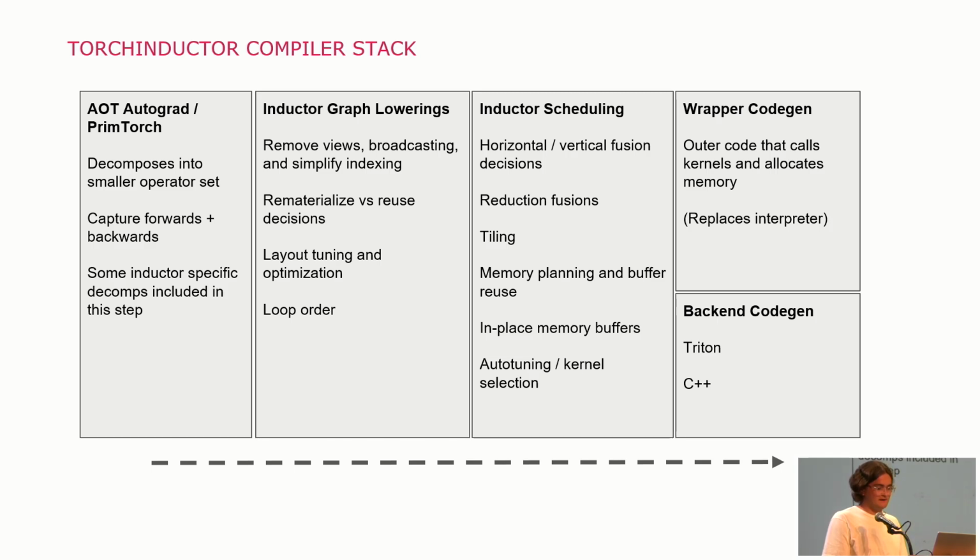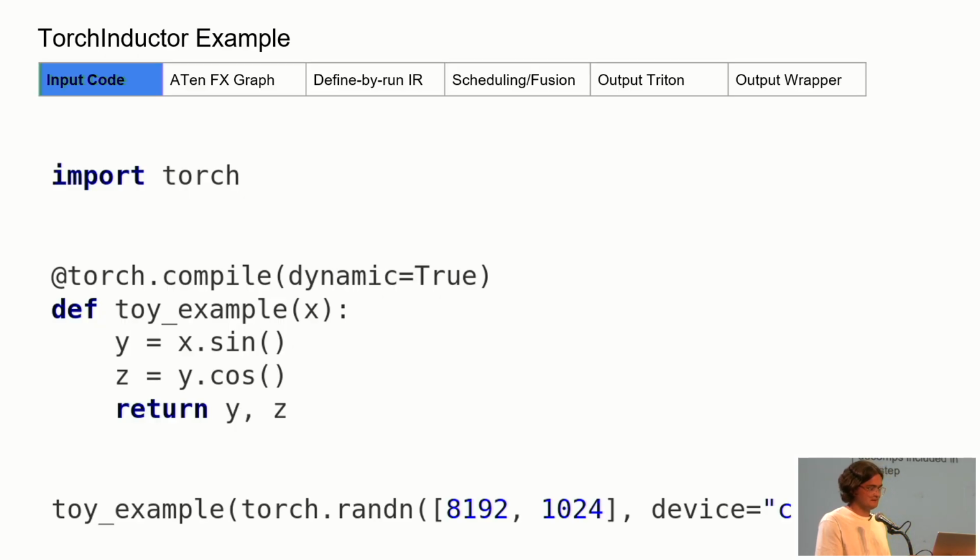We have a scheduling layer which decides what fuses with what, tiling, memory planning, and buffer reuse. Then wrapper codegen generates a Python function which will invoke all of your kernels and do things like tensor allocation, and then codegen for the actual optimized kernels that we're generating, which is either in Triton or C++.